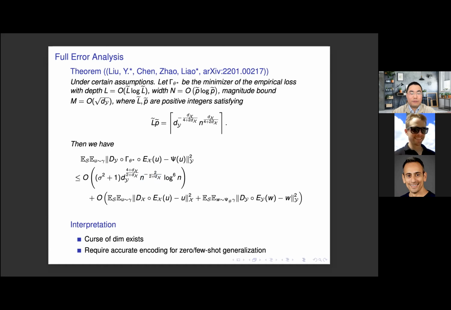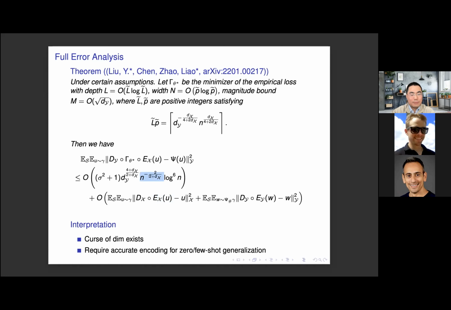For a function u, typically we might have to have a very large dx to get a discrete representation, such that after encoding, we don't lose much information. Because dx is large, we might have to use an exponentially larger number of samples in dx to achieve a given accuracy. So we do have the curse of dimensionality here.